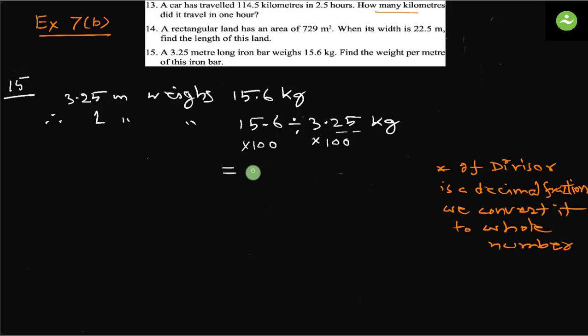So that equals 1560 divided by 325 kg or kilogram. We divide 1560 by 325.